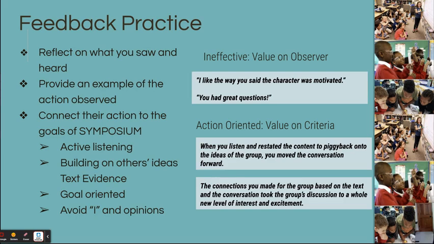For example, when you listened and restated the content to piggyback onto the ideas of the group, you moved the conversation forward. Nowhere in that feedback do you see an opinion or the word I. You're describing what they did. Feedback based on the success criteria and the actions of the participant creates the kind of feedback we're looking for.